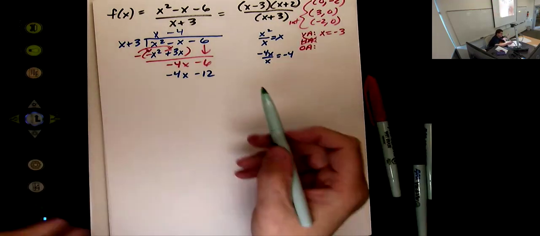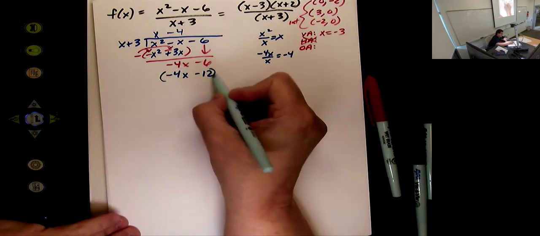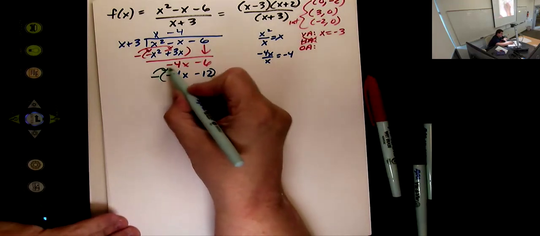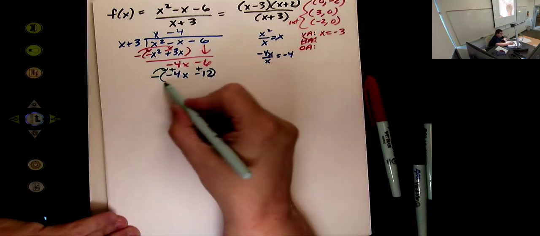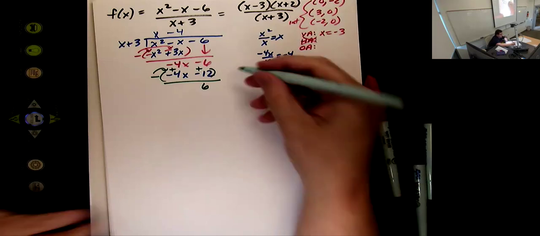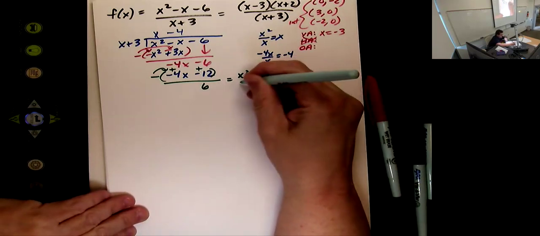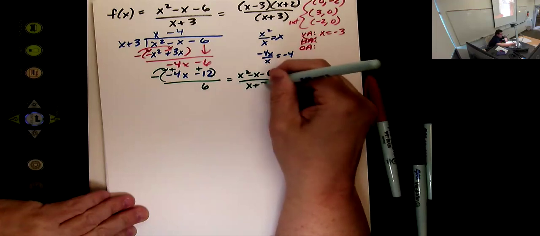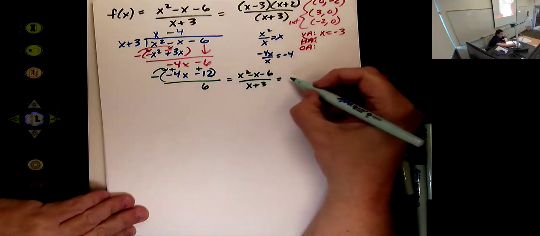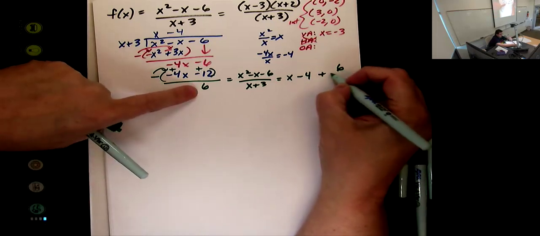Multiply the -4 times the x plus 3, we get -4x minus 12. We subtract that, so I'll change the signs inside, and I'm left with the 6. Which means x squared minus x minus 6 over x plus 3 is x minus 4 plus the remainder over the old denominator.